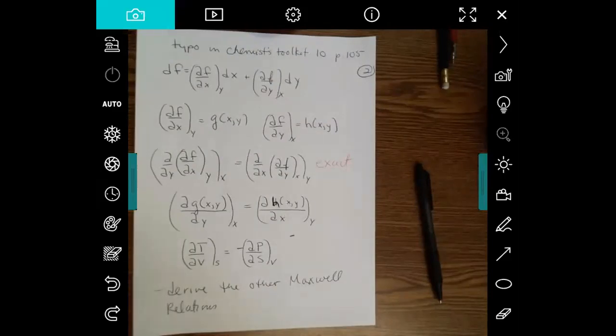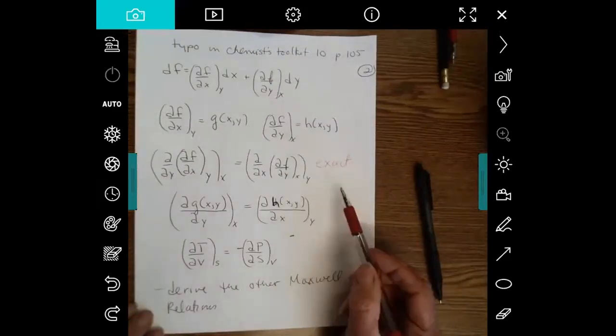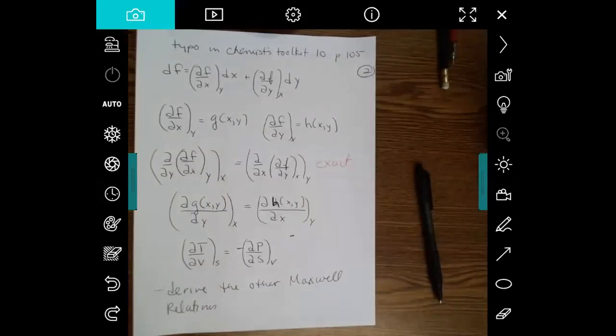Those two have to be equal to each other if it's an exact differential, because that's equivalent to saying that it doesn't matter which path I take. I can change x first, I can change y first, but in the end, if I change them both in the same way, I end up at the same place.